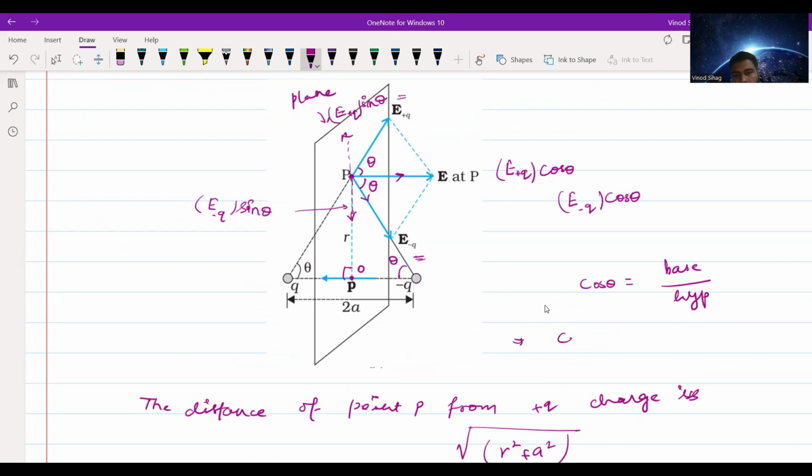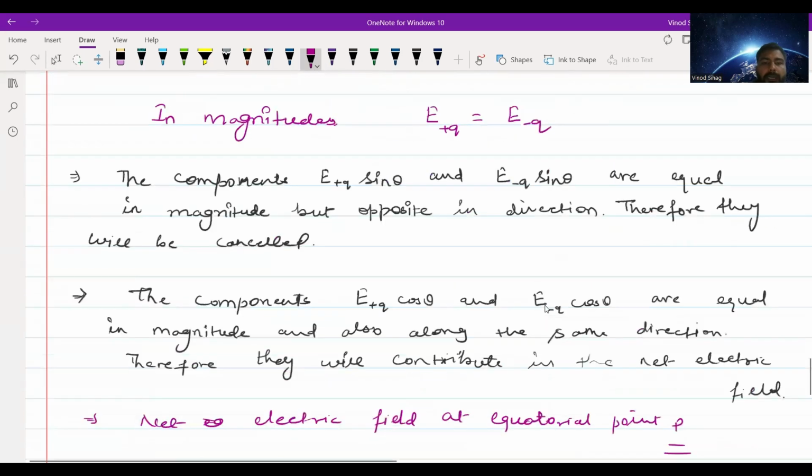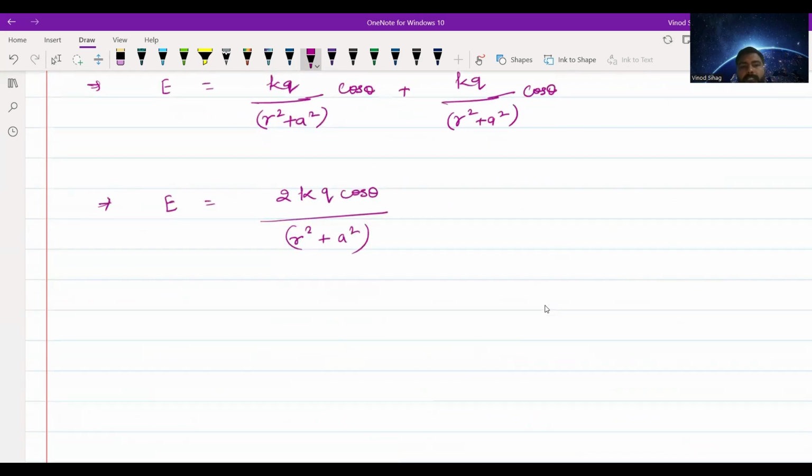So here the base is A, and the hypotenuse is the square root of R square plus A square. This is cos theta. Let me write here, since cos theta is A upon square root of R square plus A square.